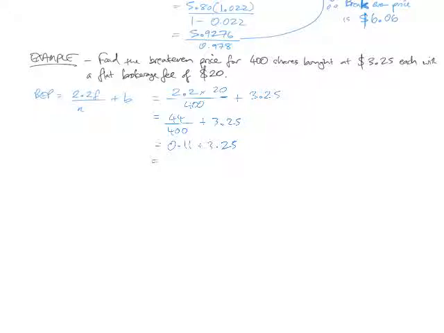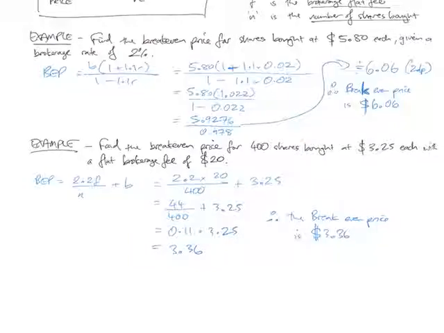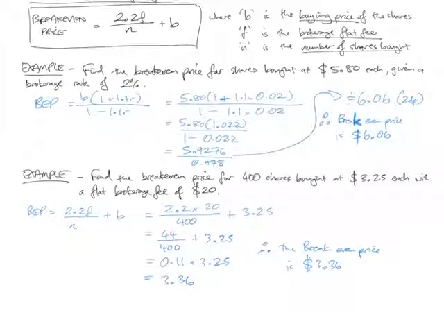Now add that: 3.36. Therefore, the break-even price is $3.36. So that's an example, well, two examples actually, of using the two break-even formulae.